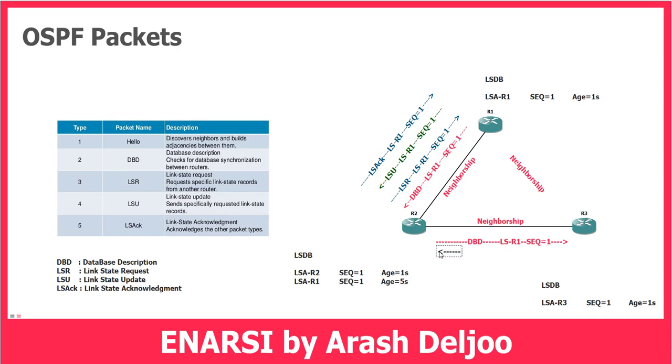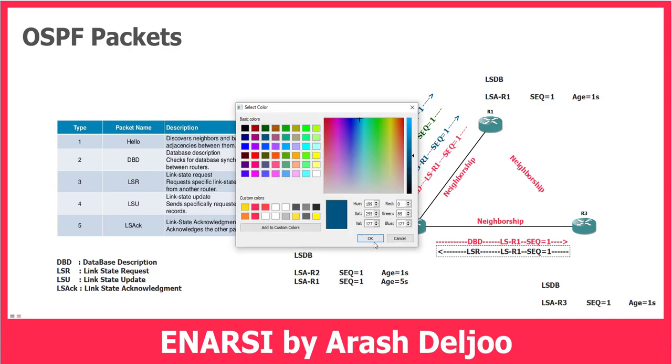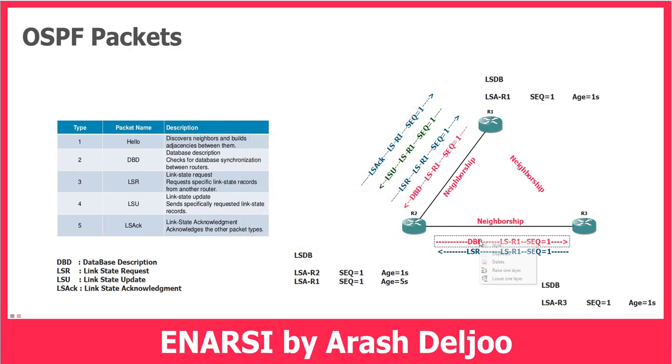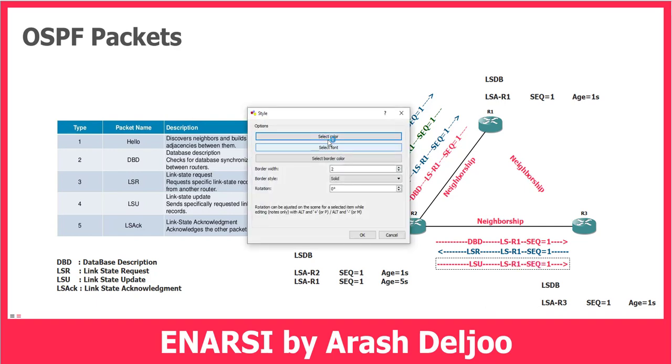This is the link state request received from router 3, and here we have the request for receiving the link state of router 1, the previously offered link state with the sequence of 1. This is the request of router 3. After that, router 2 should send the detailed information of the link state of R1 with the LSU, or link state update, to router 3.